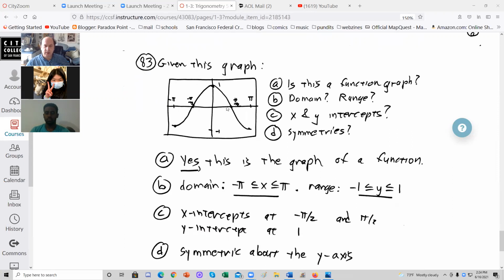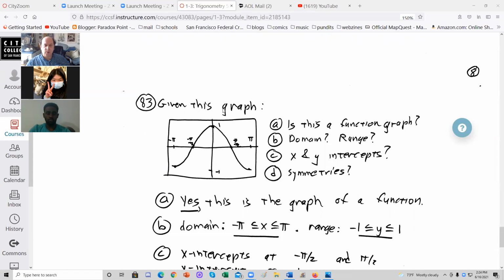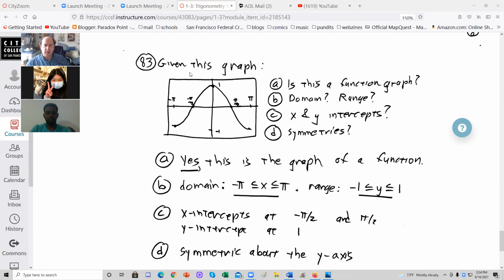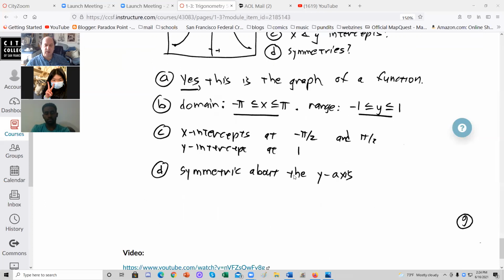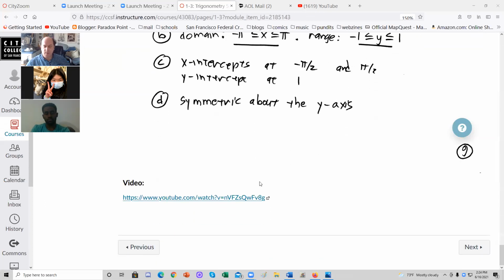Its x-intercepts are where it intercepts the x-axis, here at pi over 2 and here at minus pi over 2. The y-intercept is where it meets the y-axis, here at 1. Is it symmetrical? It's symmetrical around the y-axis. If you flip left for right, you get the same graph. Okay, that's that for that part.